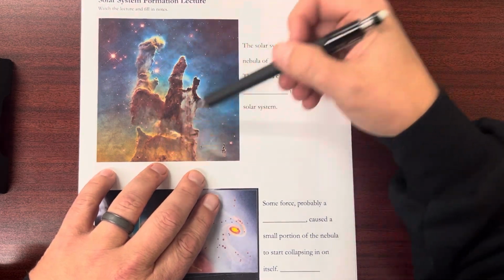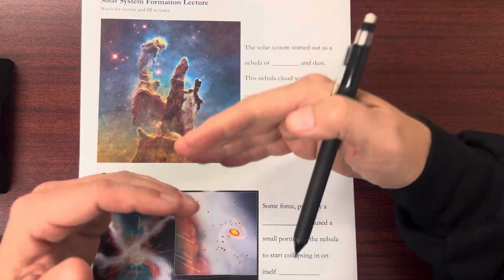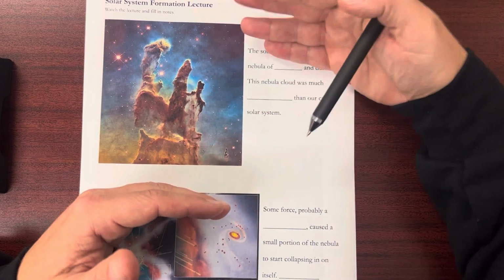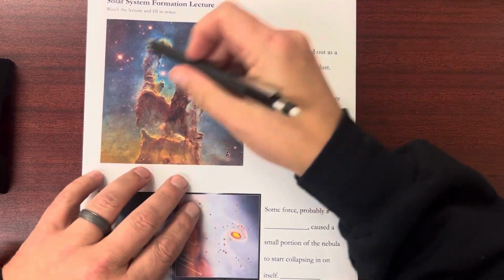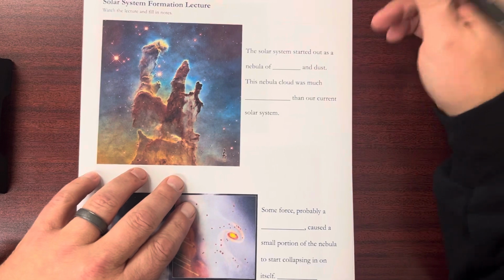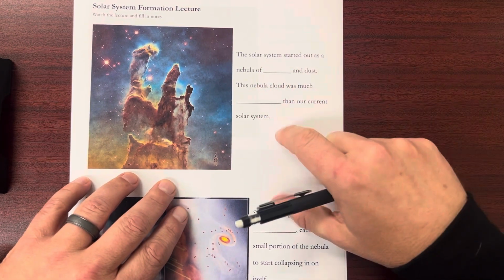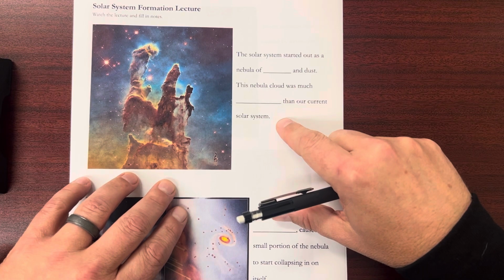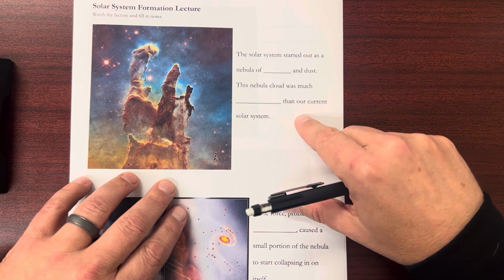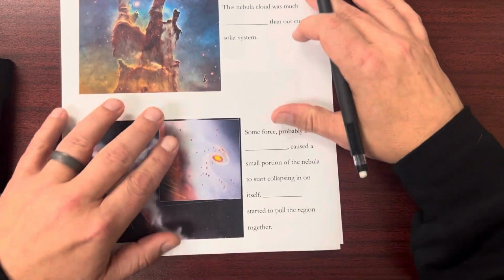So this would span what is currently one solar system to another, to another, to another, many solar systems in this big giant cloud. So the solar system started out as a nebula of gas and dust. This nebula cloud was much bigger than our current solar system.